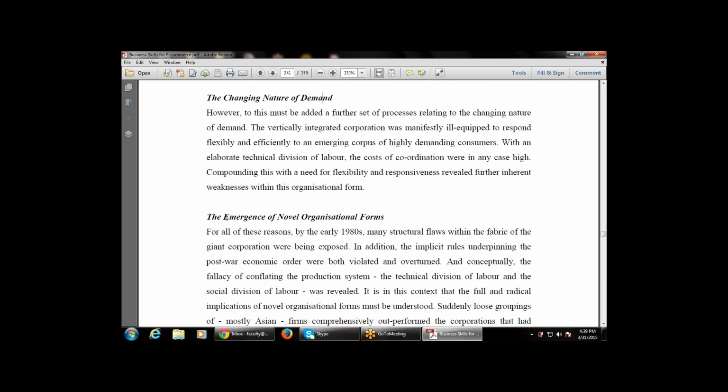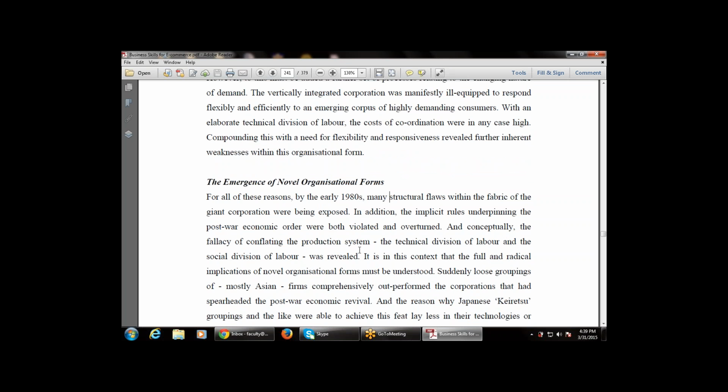Then next is the emergence of novel organizations or organizational forms. That is, emergence means increased demand for novel organizational forms.